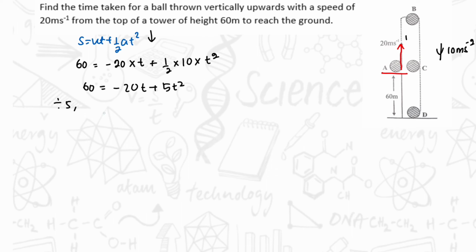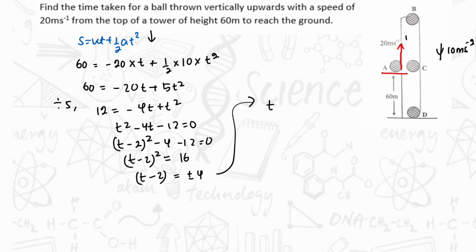Now if we divide it by 5, we get the equation 12 is equal to minus 4t plus t square, and then we can solve this using completing square method. Since time is a positive value, it is plus 4 plus 2, then time will get the answer 6 seconds. So the ball will take 6 seconds to reach from A to D.